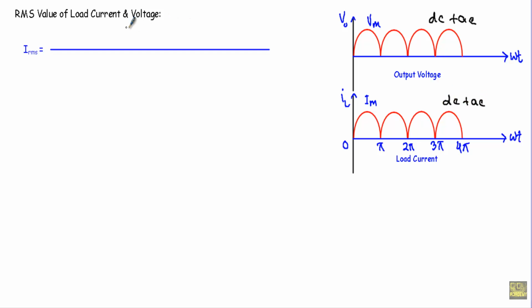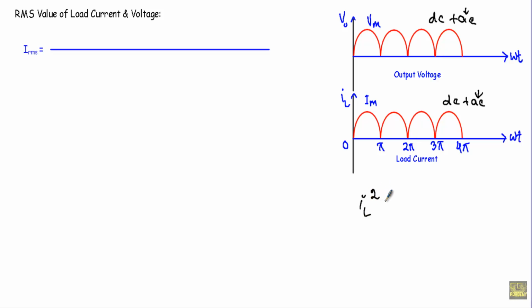The RMS value of load current indicates the RMS value of the AC component in the load current or output voltage. To calculate the RMS value of any waveform, see, the word is RMS: root mean square. At first, let's calculate the RMS value of the load current. First I will take the square of the load current IL, so it will be IL square.